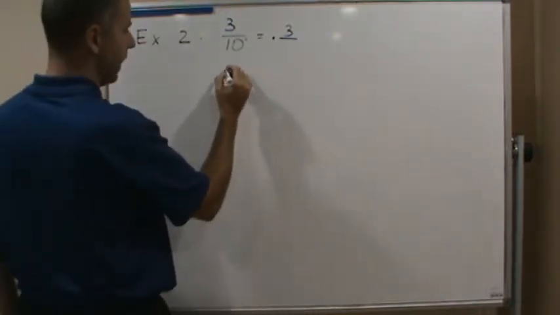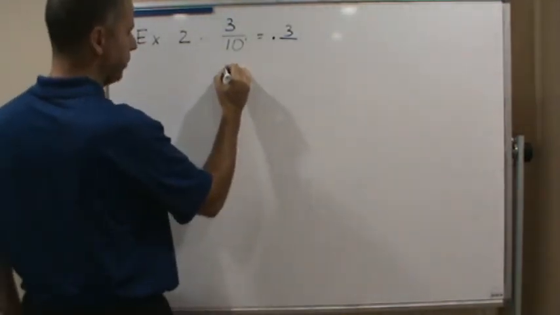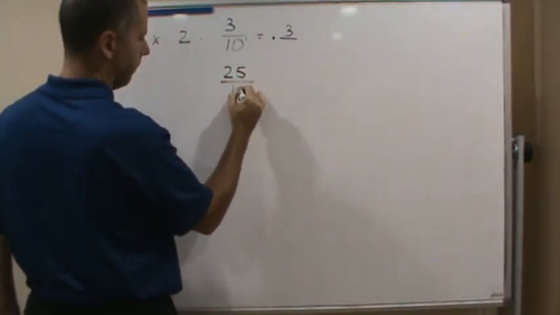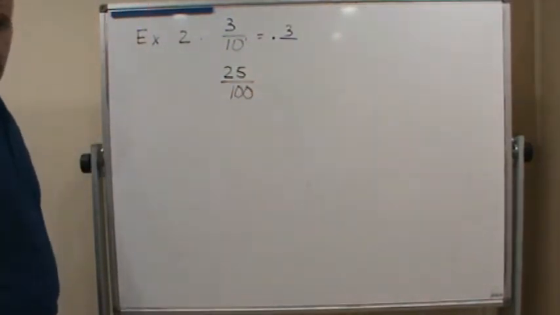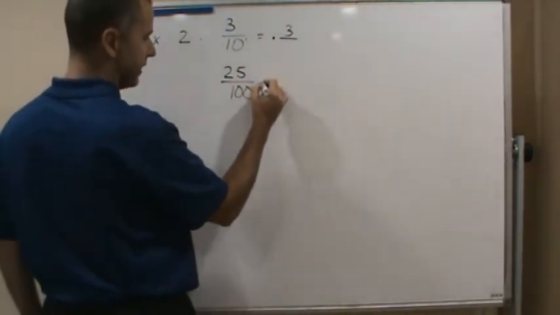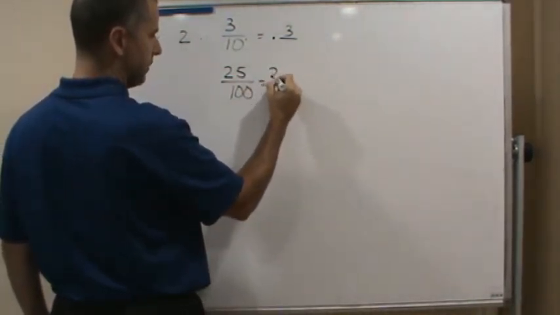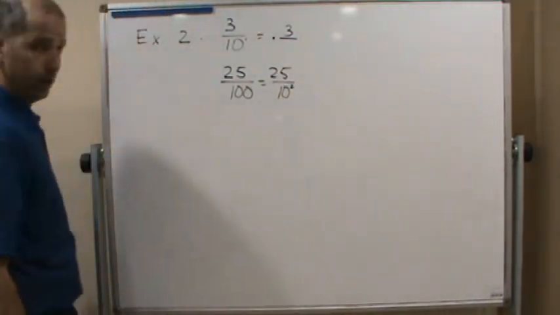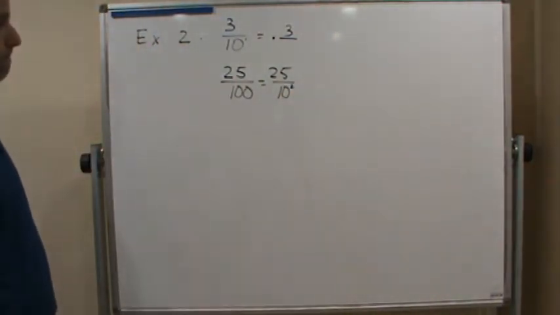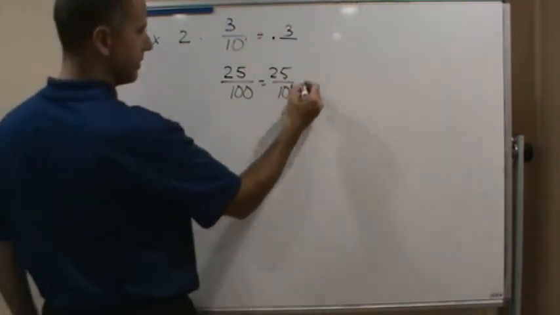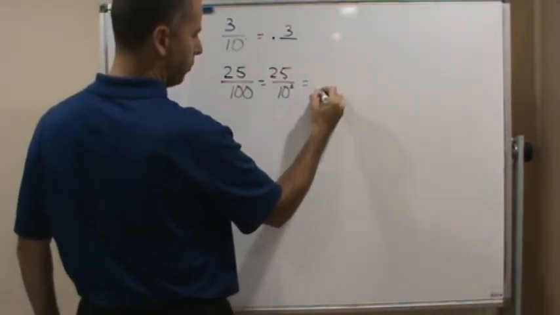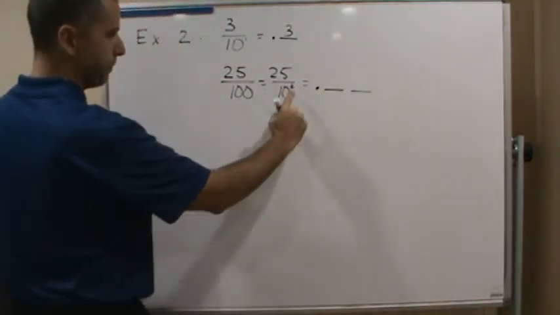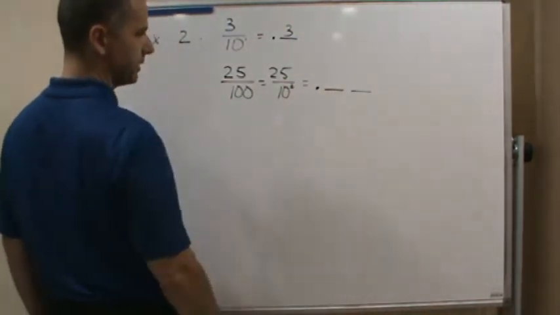Now, let's do another one. Let's look at 25 hundredths. Well, we can write this again as a power of 10, so this is the same as 25 over 10 squared. And so again, to write this as a decimal, we're going to put the decimal point and then let's draw two blanks, because it's a power of 2, so we're going to have two blanks.